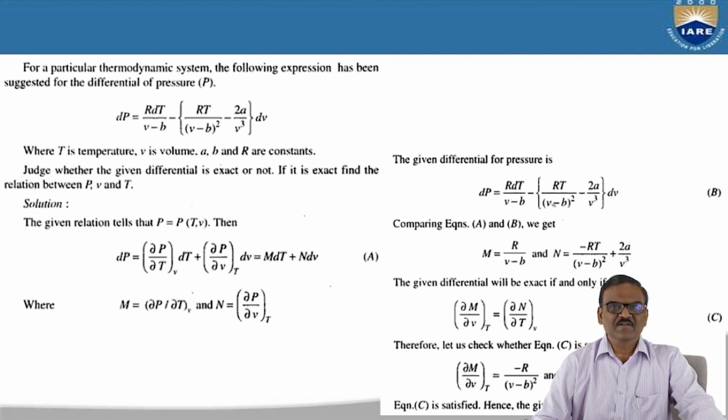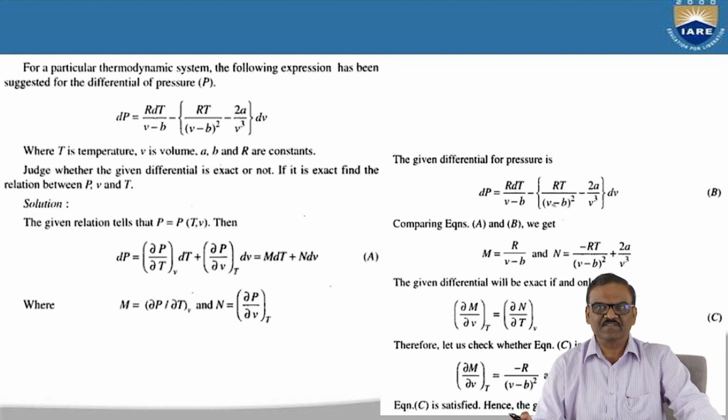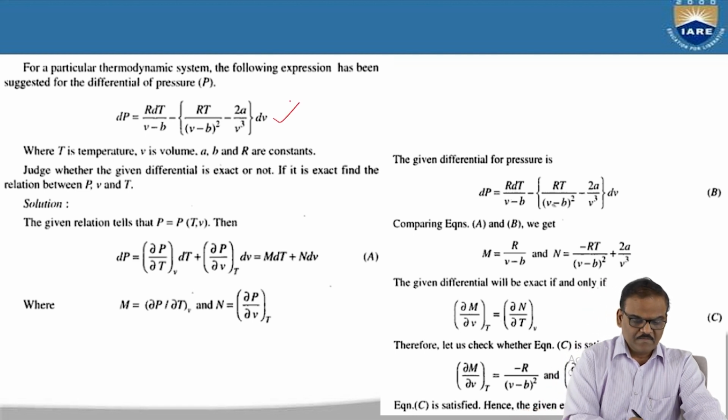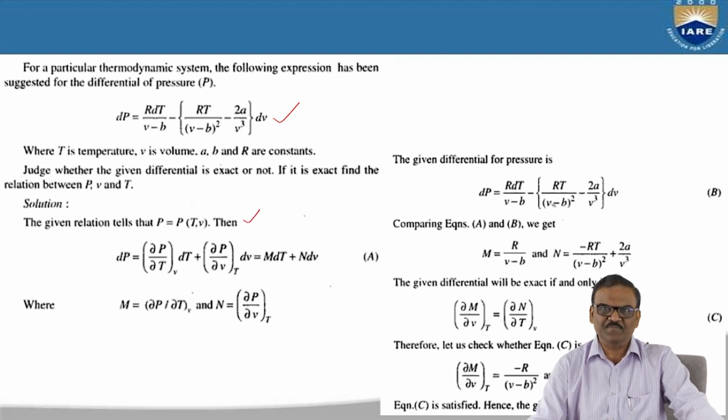From this, we can judge whether dp is an exact differential or not. If it is exact, find the relation between P, V and T. When you see from the expression, P is a function of temperature and volume.